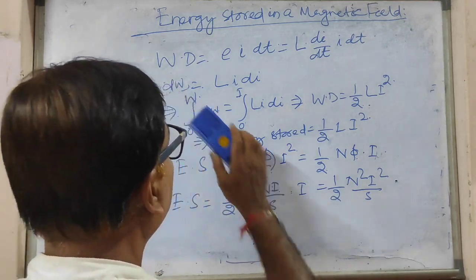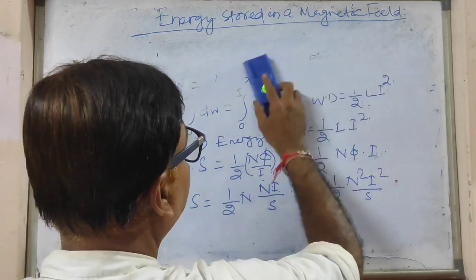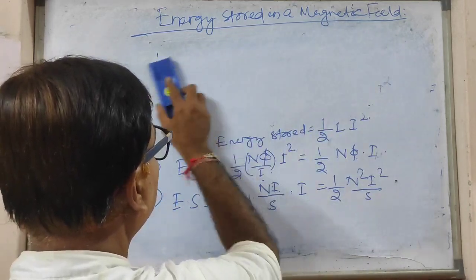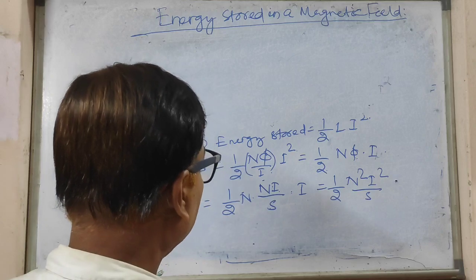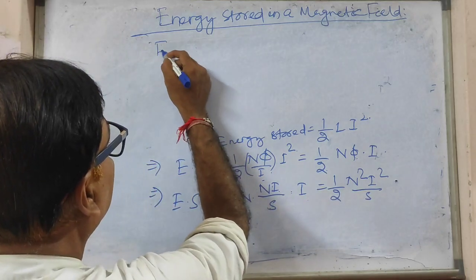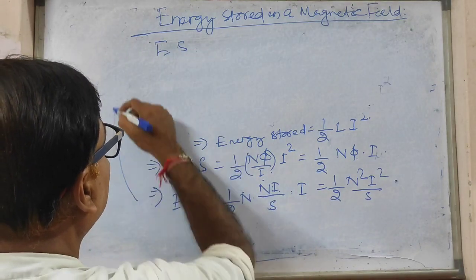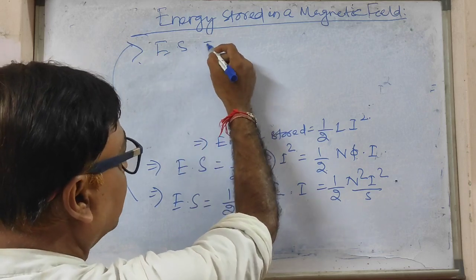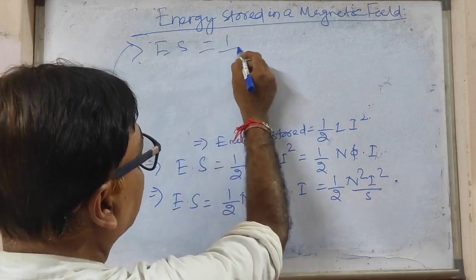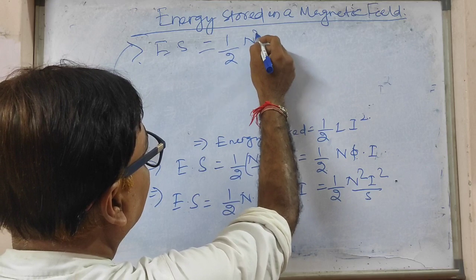Let me wipe out this one. Now the energy stored is equal to 1 by 2 N square I square divided by the reluctance.